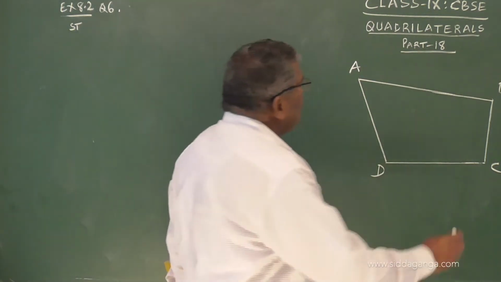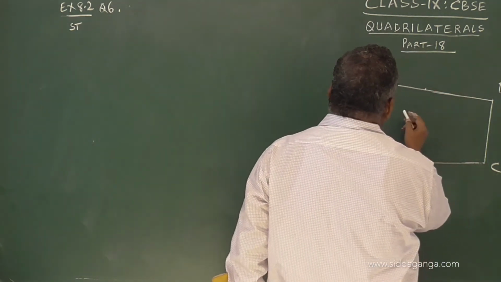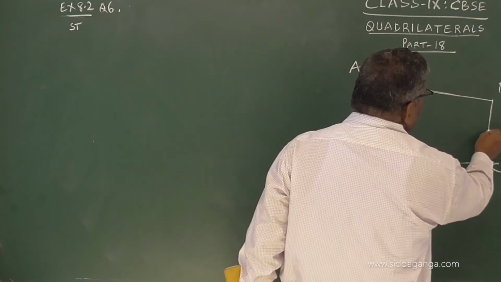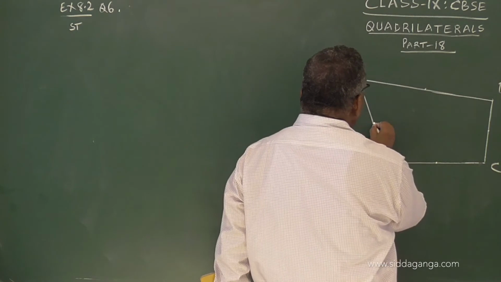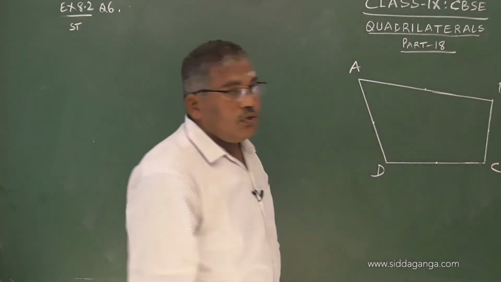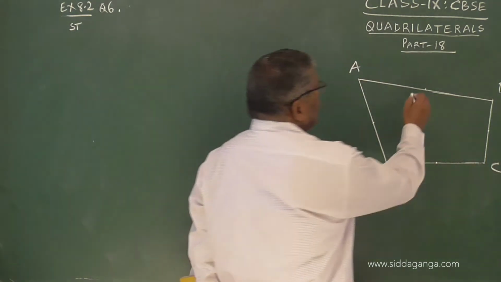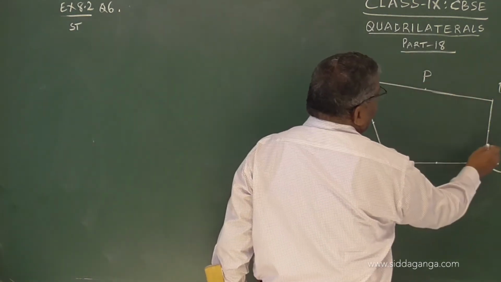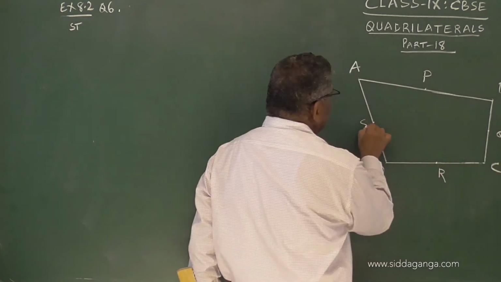So that means we have to mark the midpoint of AB, midpoint of BC, midpoint of DC, and midpoint of AD. I will name them PQRS. P is the midpoint of AB, this is Q, this is R, and this is S.